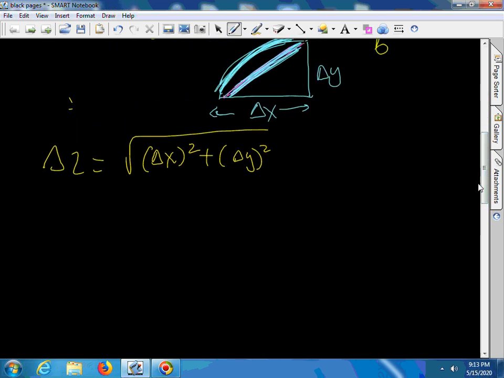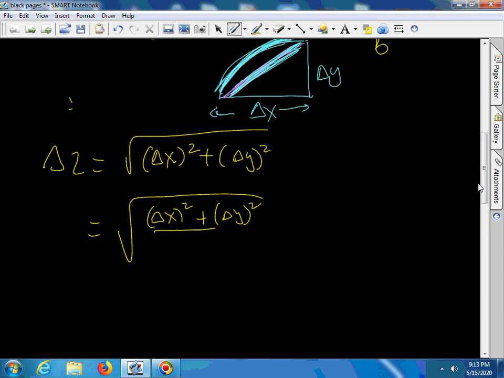So delta L is the square root of delta x squared plus delta y squared.